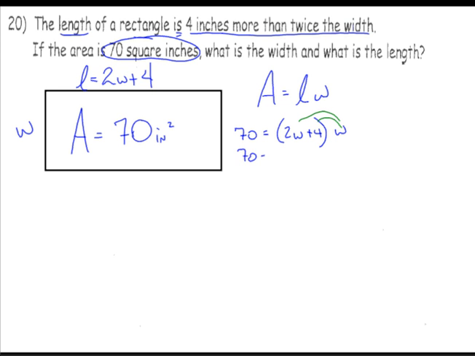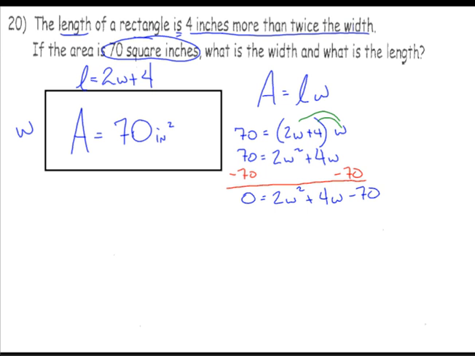So I have 70 is equal to 2W squared plus 4W. I subtract 70 from both sides of my equal sign. I have 0 is equal to 2W squared plus 4W minus 70.